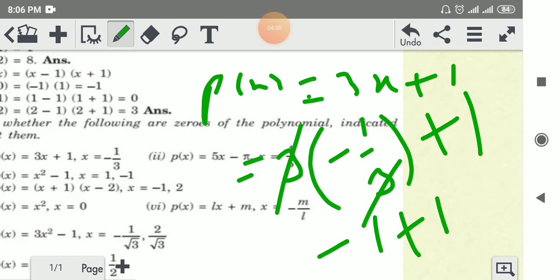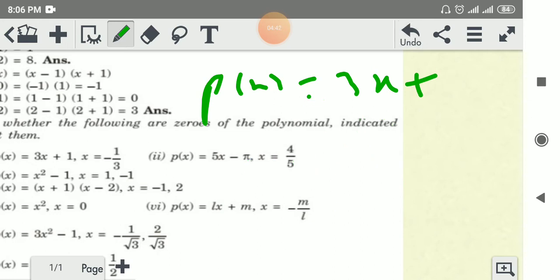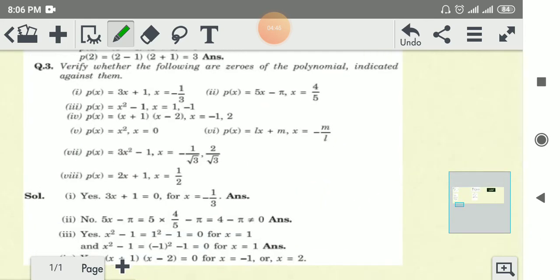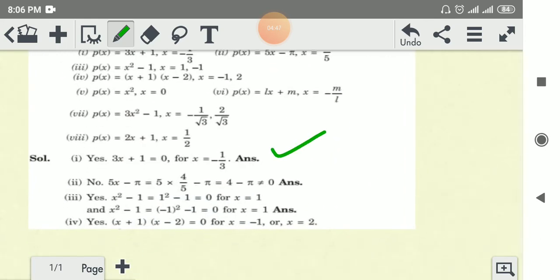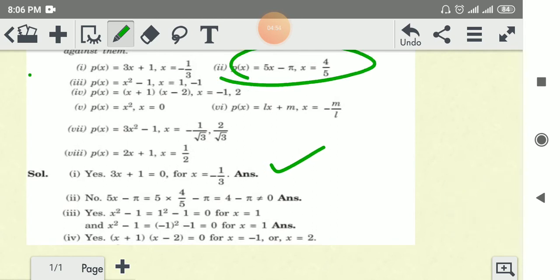Okay, so we can say easily x is equal to -1/3 is the zero of the given polynomial. Okay, yes. Now similarly we are solving second question. So we don't get 0 in this, so this is not a zero of the polynomial.